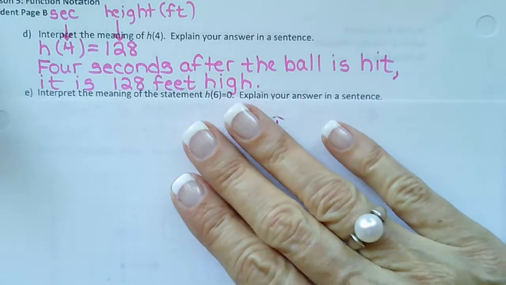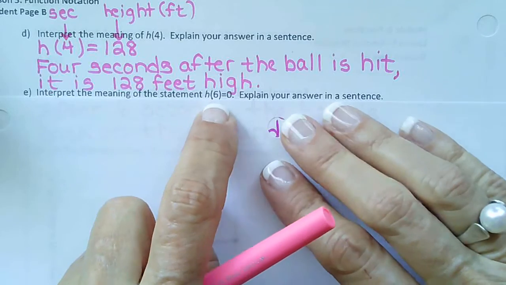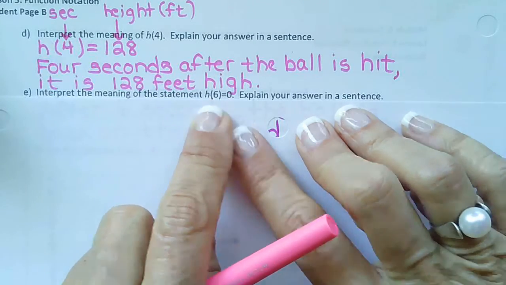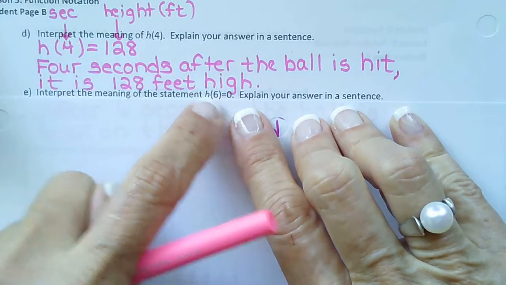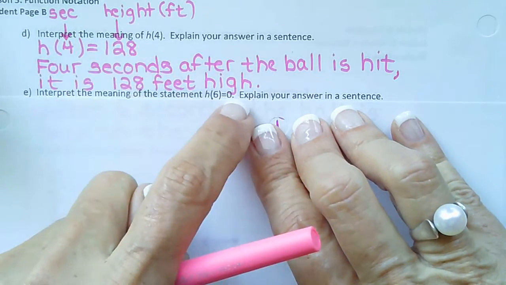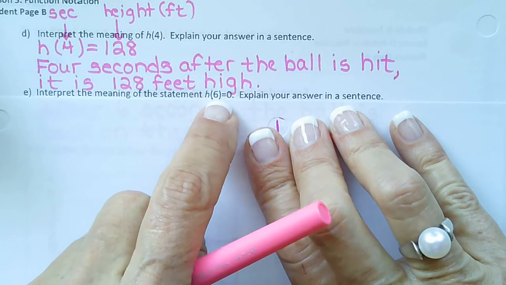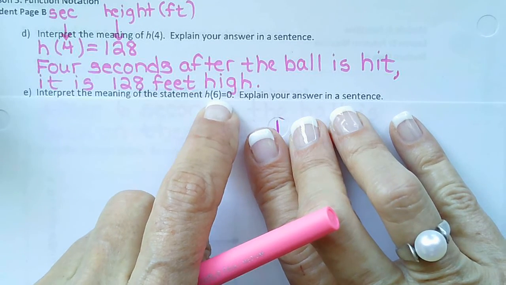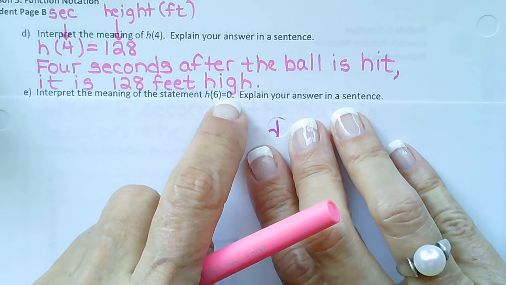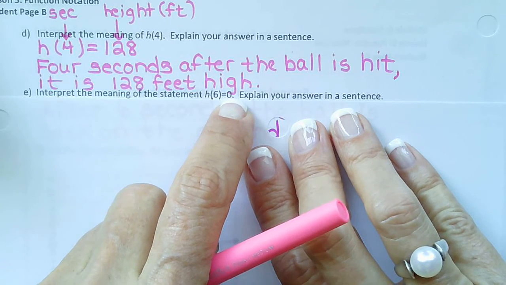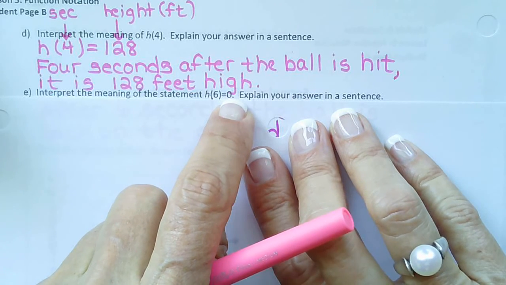And then next they ask us what H of 6 equals 0 means. So again, 6 is my seconds. The answer is my height, because this is my X, this is my Y. So we would say after 6 seconds, the ball is 0 feet high. But 0 feet high sounds really weird.